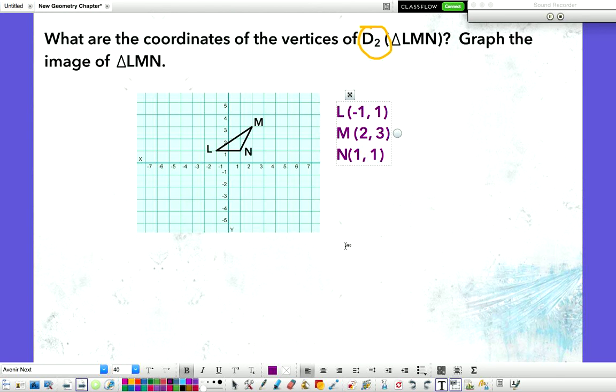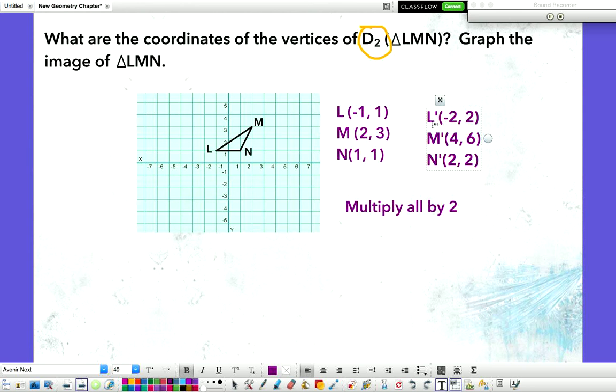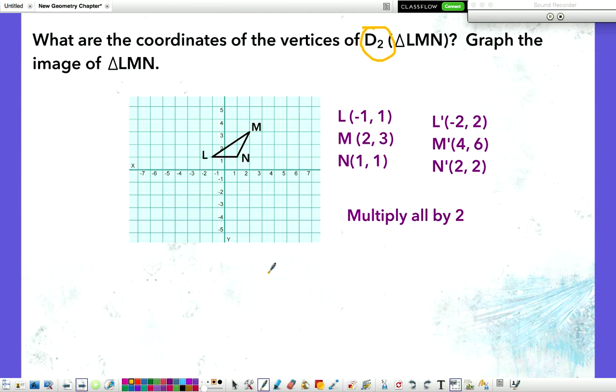Okay, so I'm going to multiply all by 2. So L prime would be negative 2, 2. M prime would be 4, 6. N prime 2, 2. Okay, so let's graph this.